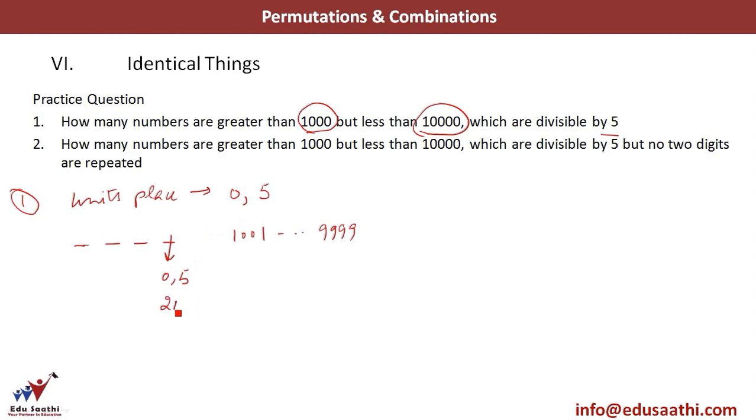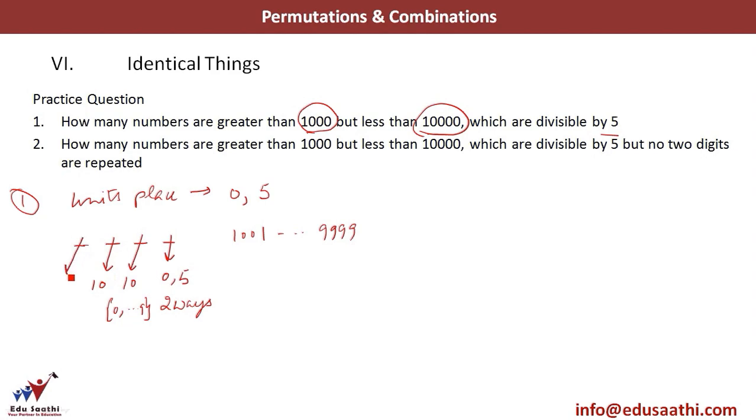So this can be filled in just 2 ways. In how many ways can this tens place be filled? 10 ways, because I can have any number from 0 till 9 here. Similarly, this hundreds place can also be filled in 10 ways. Any of the digits can figure out here.